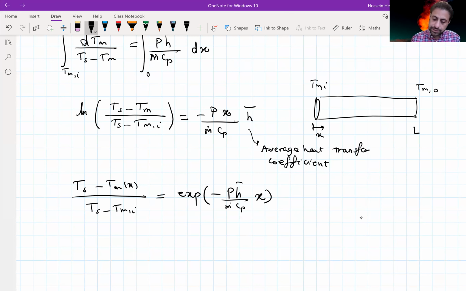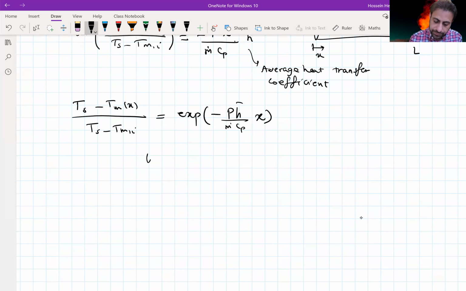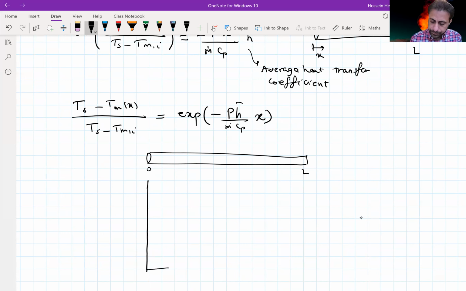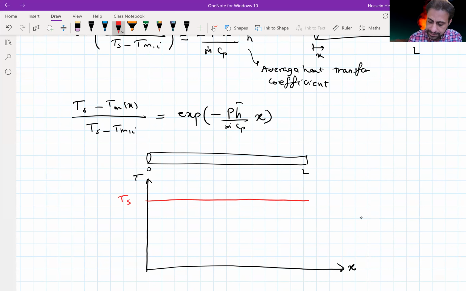Now, if I make a plot similar to the previous case, so let's say I have this tube from 0 to L. This is x, and this is T. The wall temperature is constant, so I'm just going to plot that as a constant. This is Ts. Everywhere is Ts here.